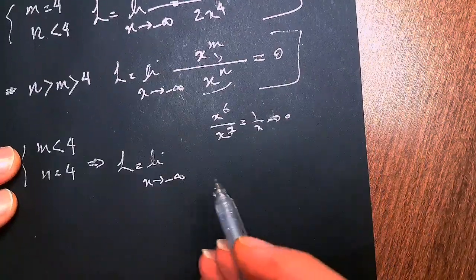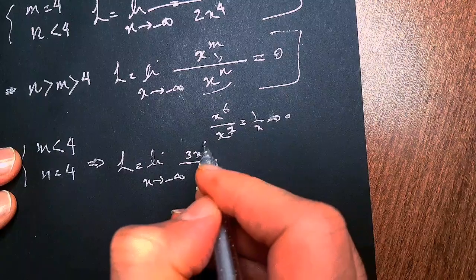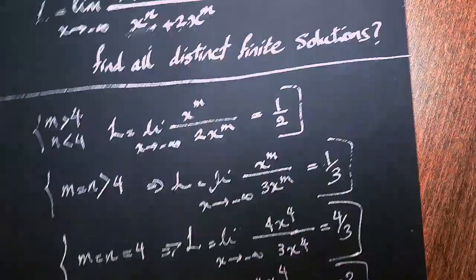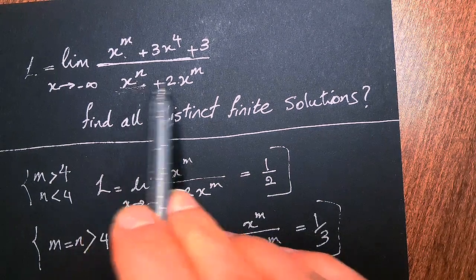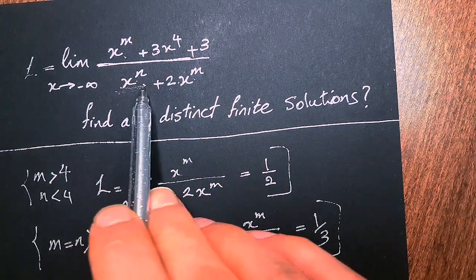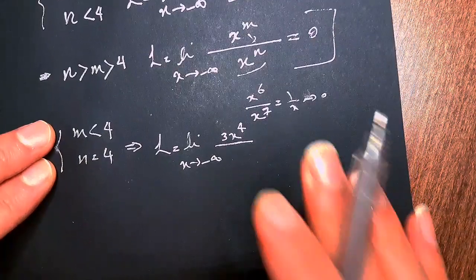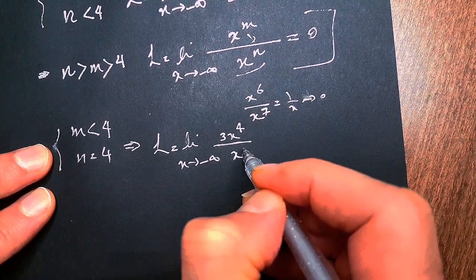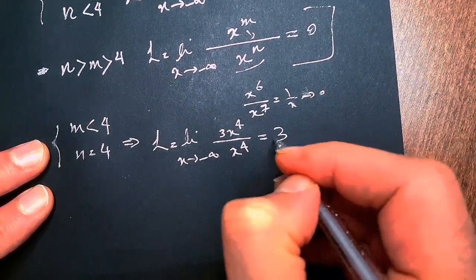So on the numerator, we'll have 3 times x to the power of 4. And on the denominator, since n is 4 and x to the m is less than 4, we have only x to the power of n, which is x to the power of 4. That matters. So this 2 will cancel out, and this is going to be 3.